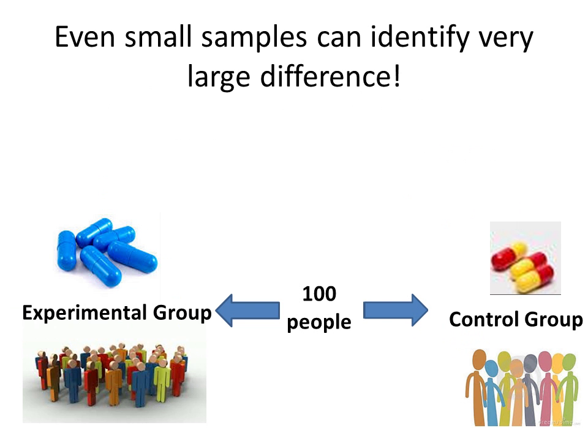However, let's also look at how small samples can identify a very large difference. Let's say we're testing, as researchers, a new antiviral treatment for a new virus. And we use random samples of 100 individuals for the experimental group and 100 for the control group. All individuals in both groups were sick with the virus.